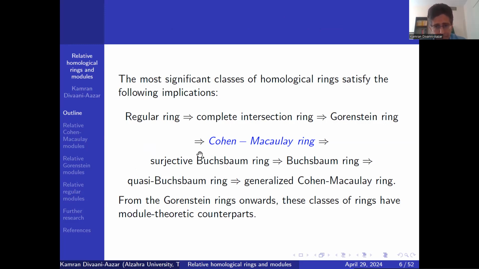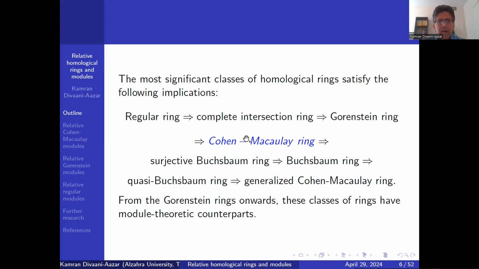Here, Cohen-Macaulay rings are very important because there have been many conjectures regarding them.